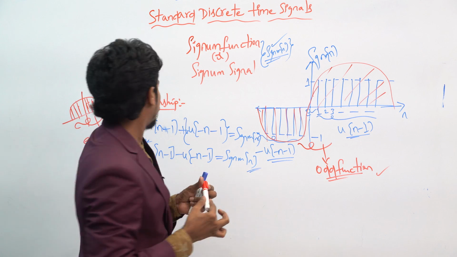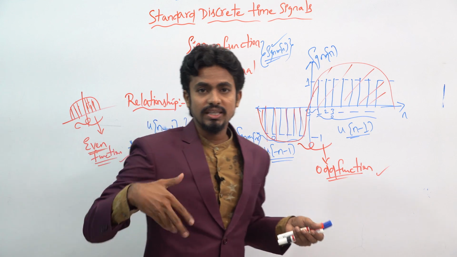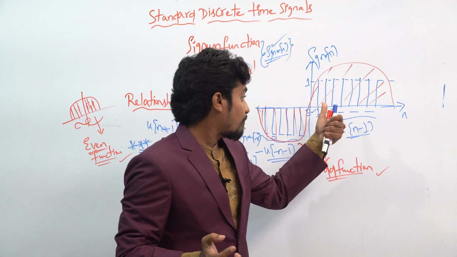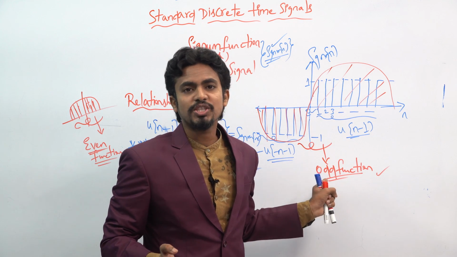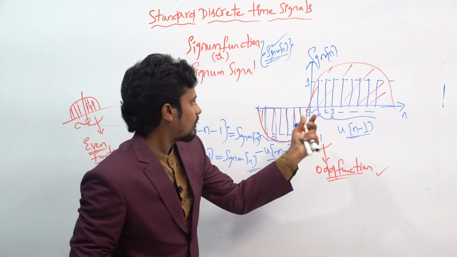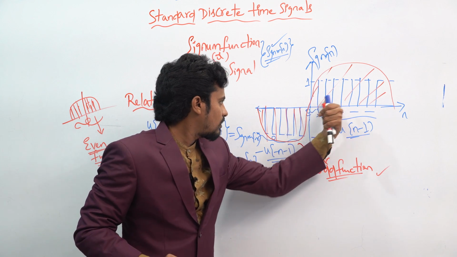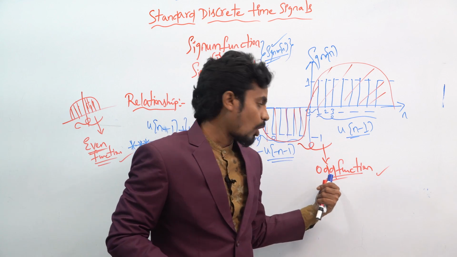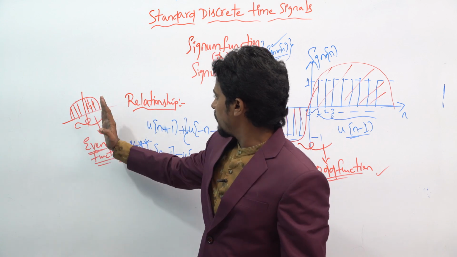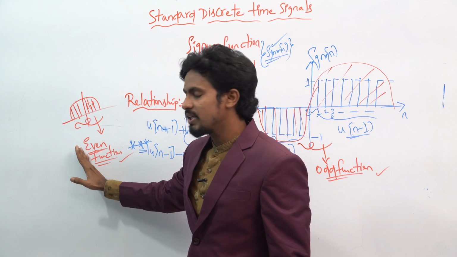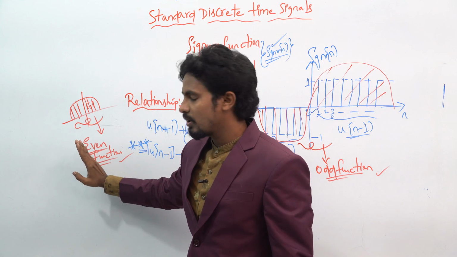No need to make different types of calculations whether it is odd or even. By seeing the plot, we can say whether this is an even function or an odd function. If your plot is like this, here there is an opposite area, you will get an odd function. Here you will get the same area, the left hand part equal to the right hand part, then that is said to be an even function.